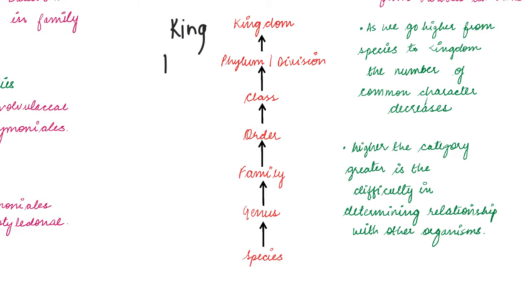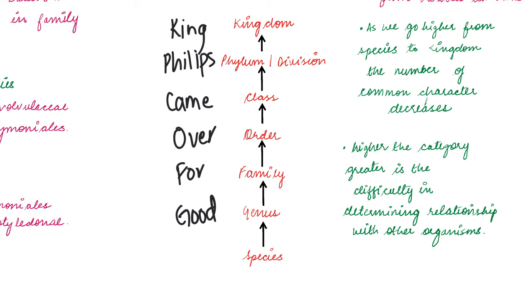You remember King Philips, king for kingdom, Philips for phylum or division, came for class, over for order, for family, good for genus and soup for species. So King Philips came over for good soup. So that's kingdom, phylum or division, class, order, family, genus, species.